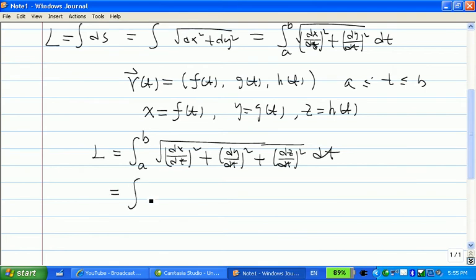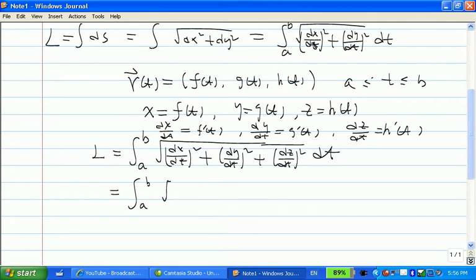And from here you can see dx dt gives you f prime of t, right? And dy dt gives you g prime of t, and dz dt gives you h prime of t.